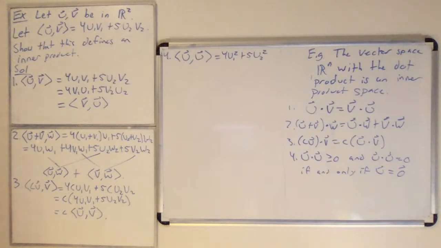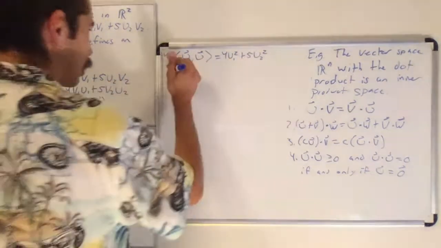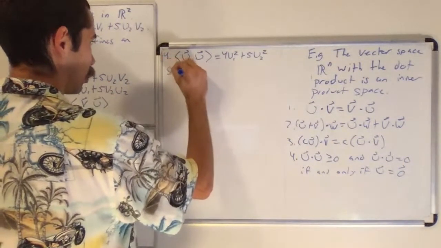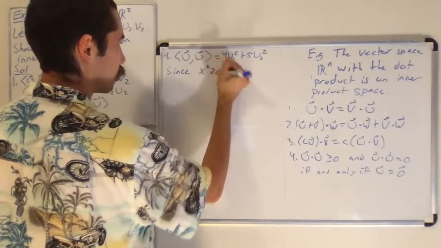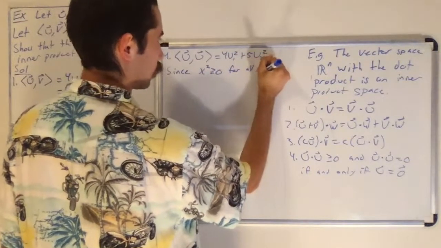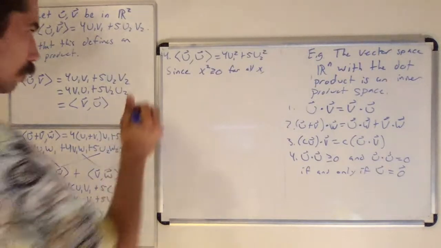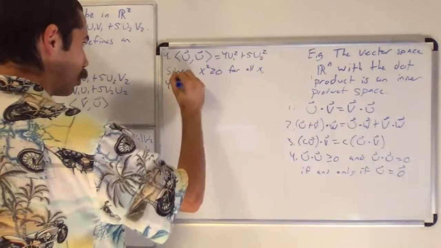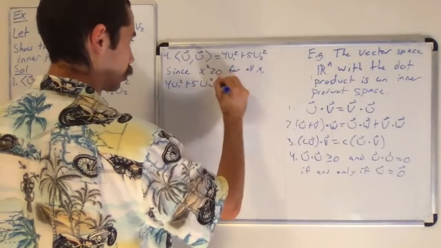Yeah, because a squared number is always non-negative, right? It could be 0, right? So since, let's say x squared is greater than or equal to 0 for all real numbers x, 4u1 squared plus 5u2 squared is greater than or equal to 0.